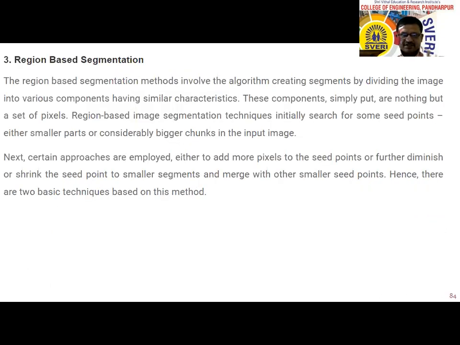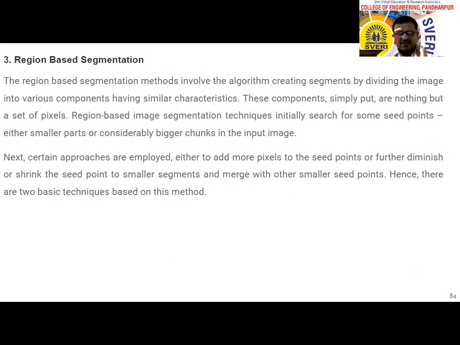Now region-based segmentation. The region-based segmentation methods involve the algorithm creating segments by dividing the image into various components having similar characteristics. These components, simply put, are nothing but a set of pixels.